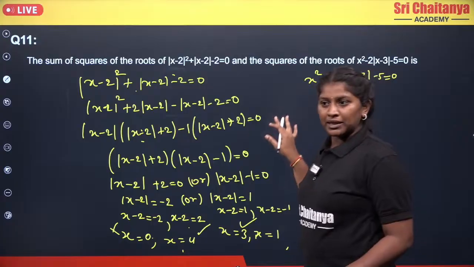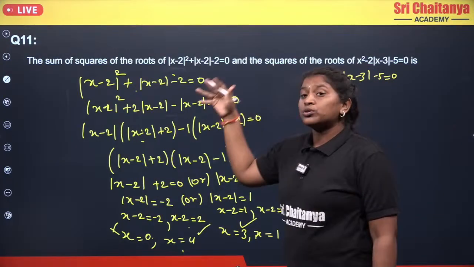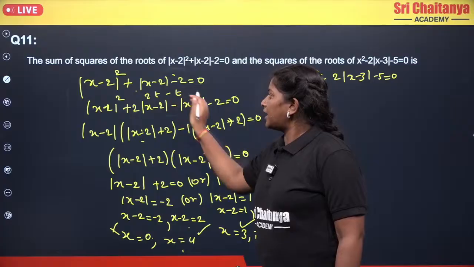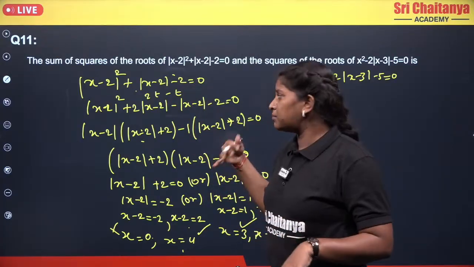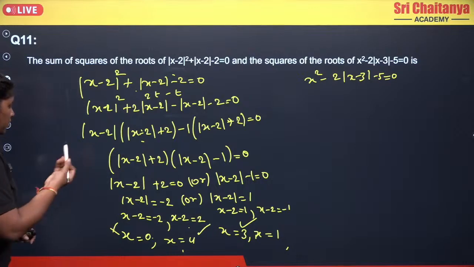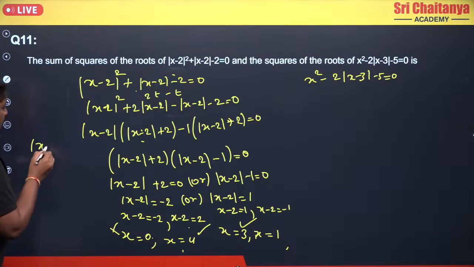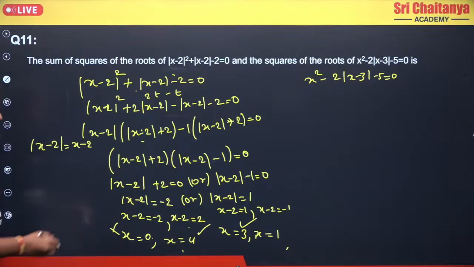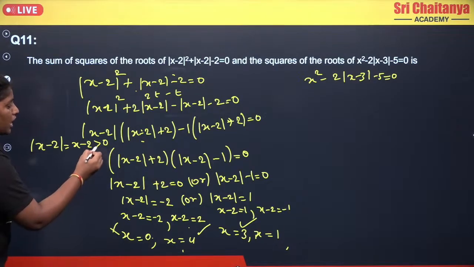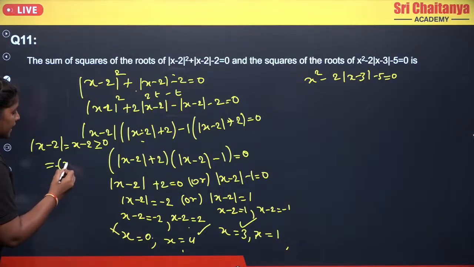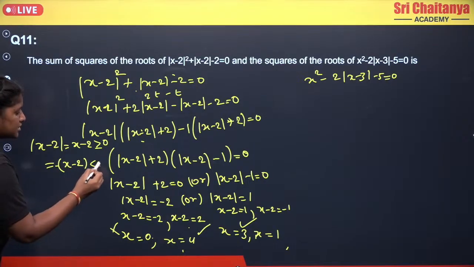This is one of the methods. If you are not getting how to do this, like you have to take 2t minus t here, right? If you are not getting this idea, simply go for mod x minus 2. So you can take your mod x minus 2 as plus x minus 2 for x minus 2 greater than or equal to 0, and the same thing will become minus of x minus 2 for less than 0.